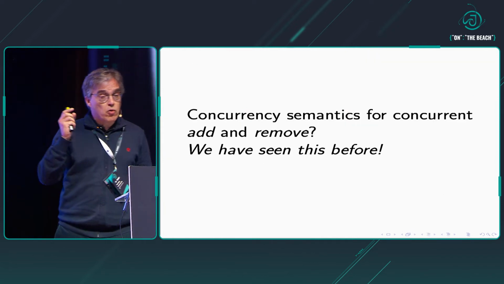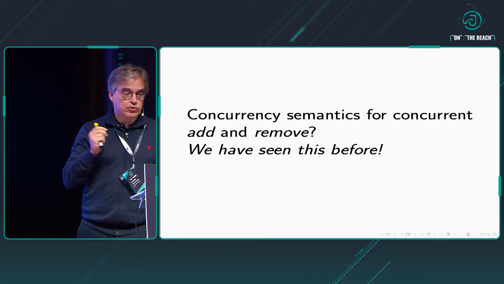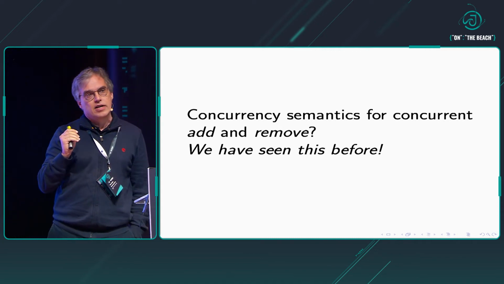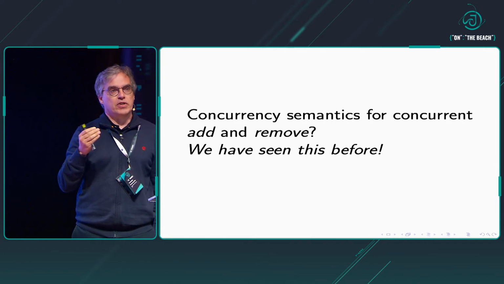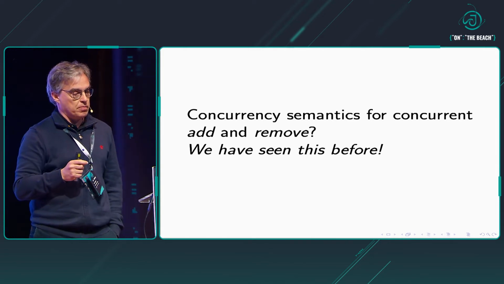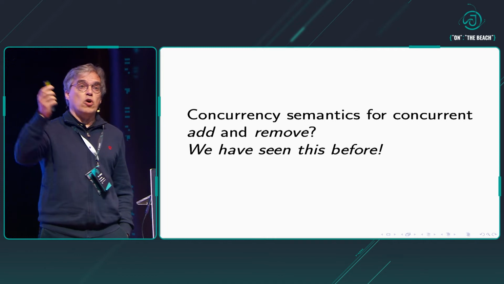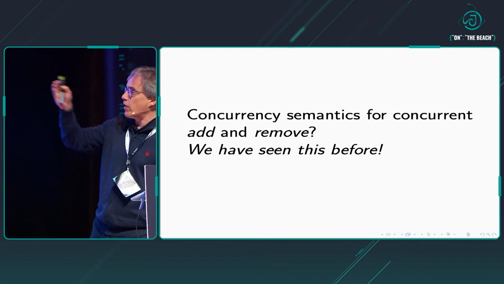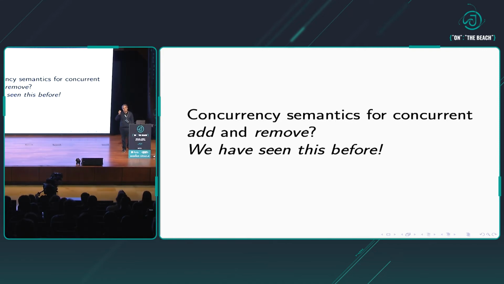Okay, so the first thing that we need to think about is, what do you want? If we have this problem, we want to solve it, and we have basically two ways of doing this. As Carlos has introduced, with an add and a remove, we can have an add wins policy, or we can have a remove wins policy.